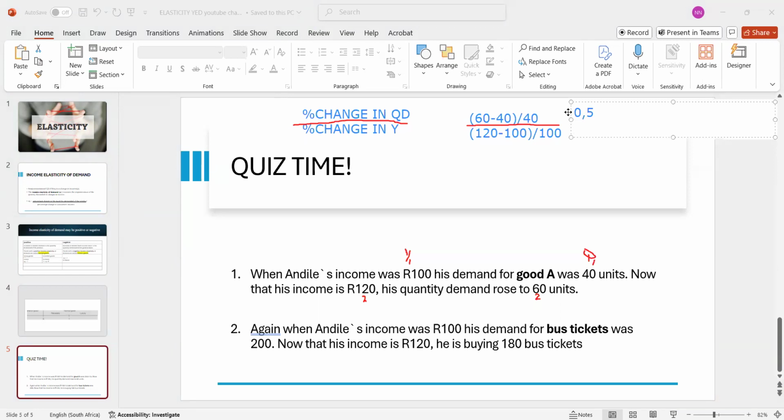And then 120 minus 100 divided by 100, I'm getting 0.2. And then 0.5 divided by 0.2, yeah, 2.5. I knew something was not okay.